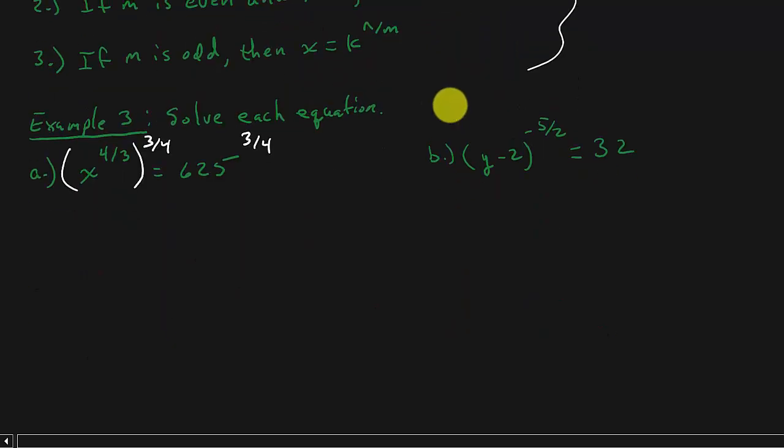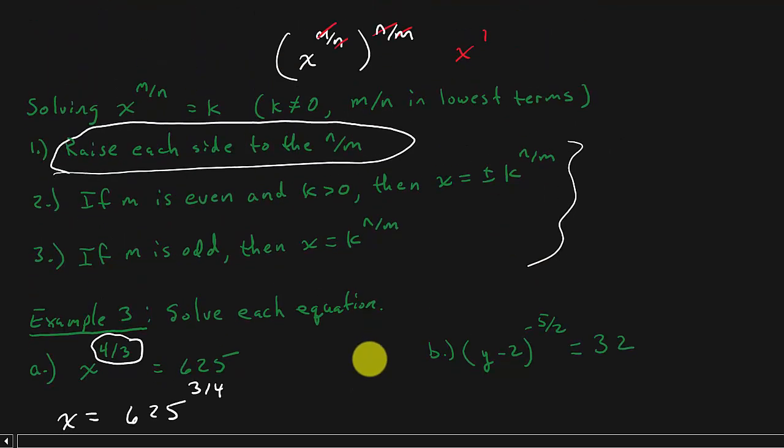So, you know, in all honesty, you can actually do that in your head. So you could just say x equals 625 raised to the 3/4, raised to the reciprocal of that exponent there. All right, that's all that's happening when you're doing this.